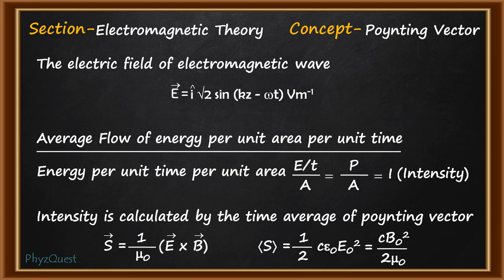Here, instead of E0, it is replaced by c B0 to get the expression in terms of the magnetic field. In this problem, we have to use the first formula. So let's go ahead with the calculation part.